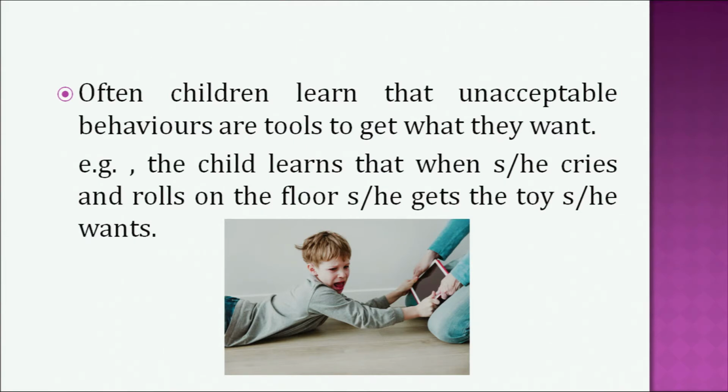So, the children learn that if they show such behaviors, then whatever they want will be granted to them. These are certain things that children learn, and they try to execute these behaviors in order to fulfill their demands from the parents or the caregivers.